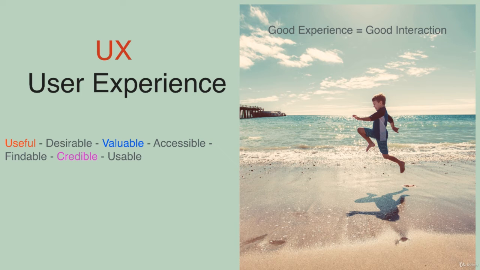The other point is that a good user experience has to be accessible. So people with disabilities need to also be able to access the content. Also, it needs to be findable, so easy to navigate, easy to go through and find content.